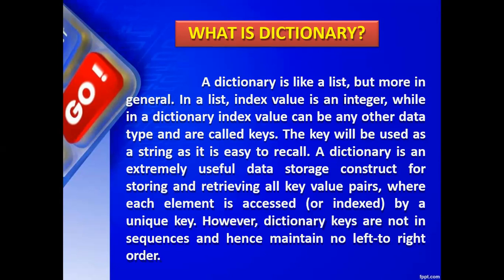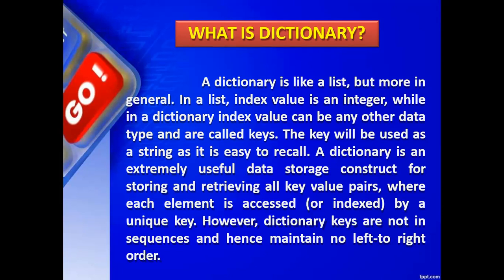Just like an English dictionary where you can search for a word's meaning because there is a meaning associated with the word, similarly, in a Python dictionary, you will have a key and the key will have an associated value attached to it. Dictionaries are containers that associate keys to values.